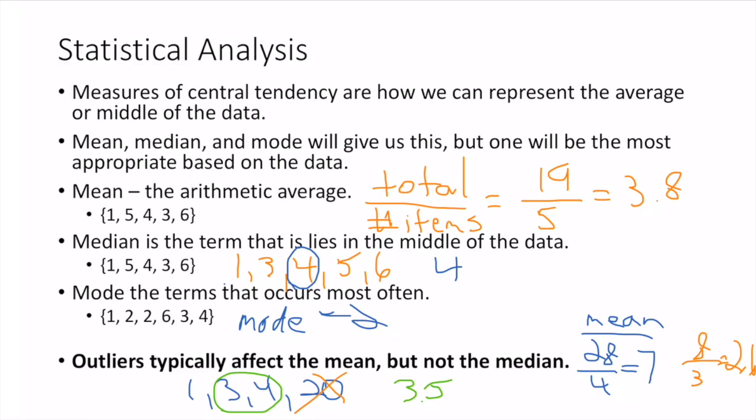By eliminating the outlier, if we look at these two numbers, 7 and 2.6, it obviously made a huge difference there. If I'm looking at just 1, 3, and 4, now my median is 3. The difference between 3.5 and 3 is not much, but it made a huge difference in my mean. So it's something to keep in mind.